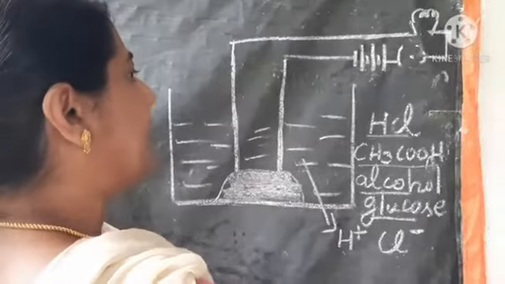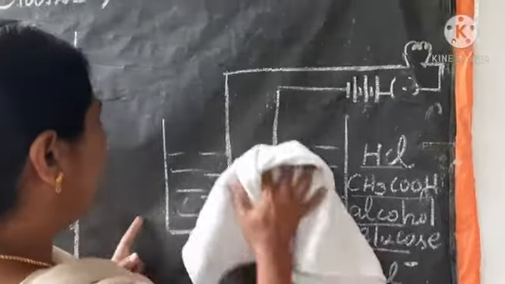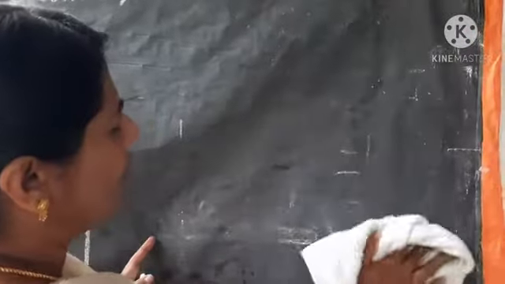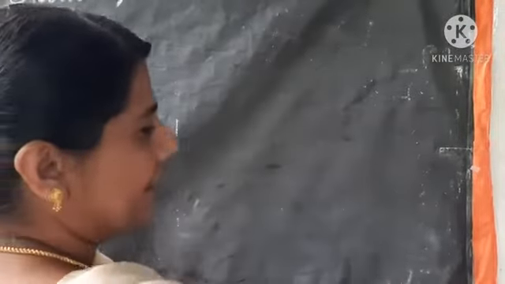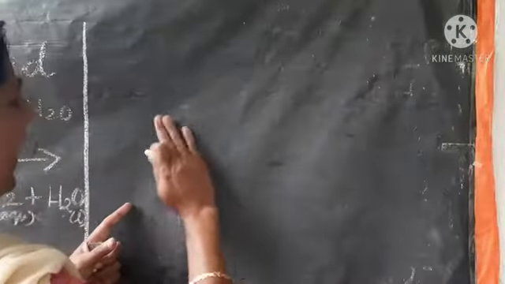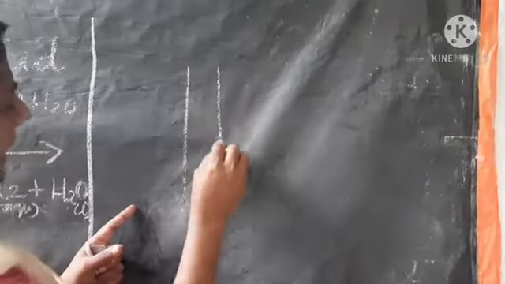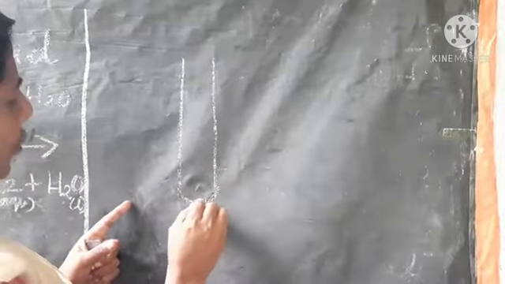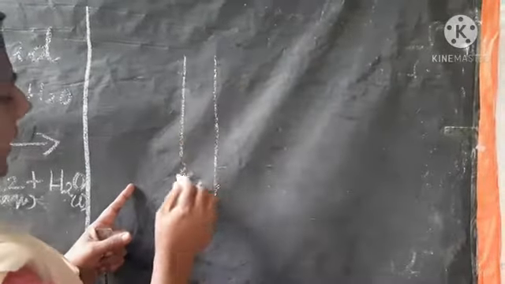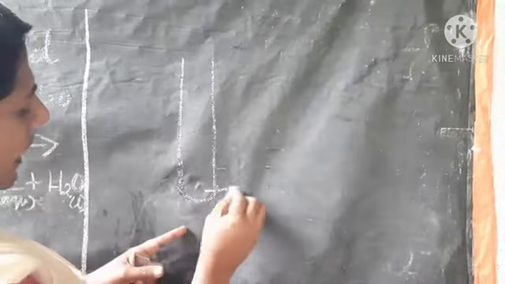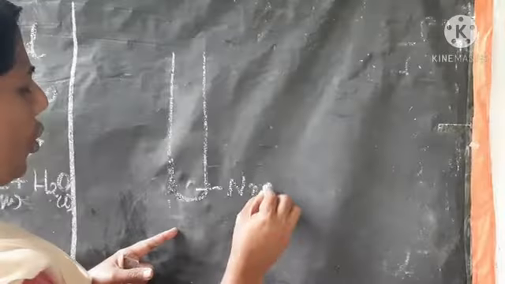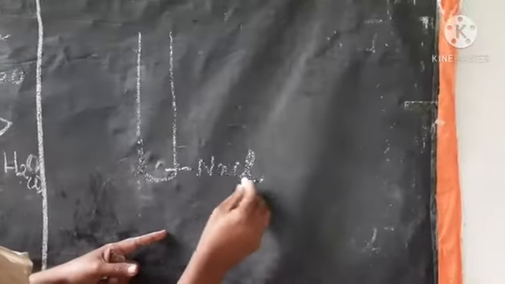Now, the next one, we can see whether dry hydrochloric acid changes litmus paper. Let us see. Okay, here also take a test tube and sodium chloride is taken, NaCl.